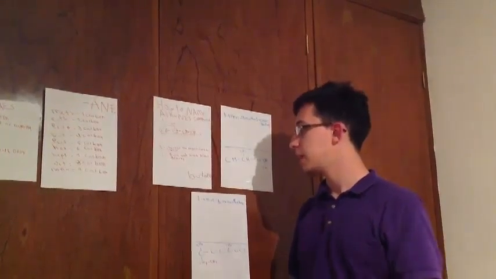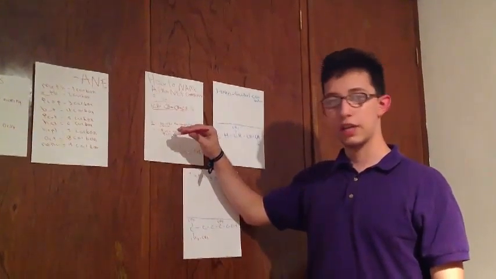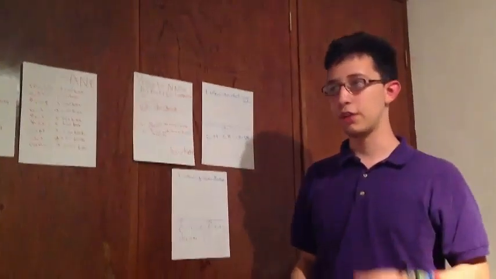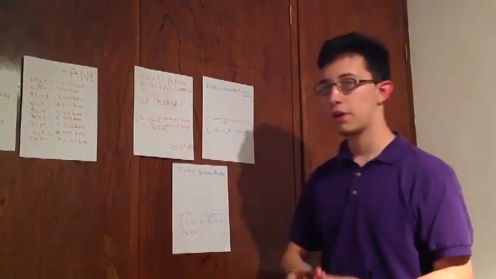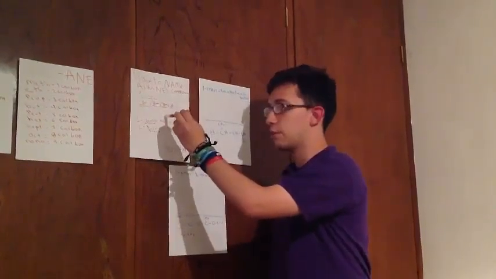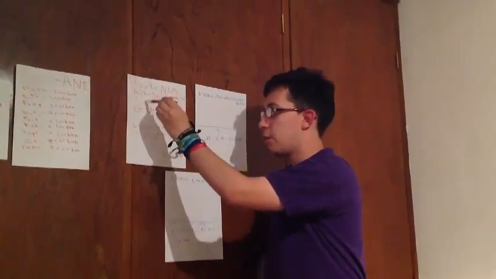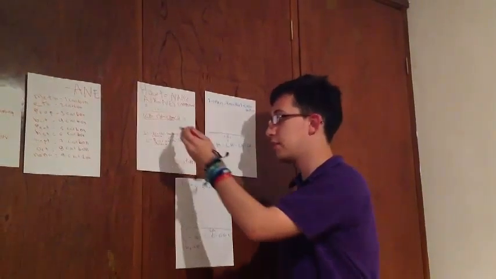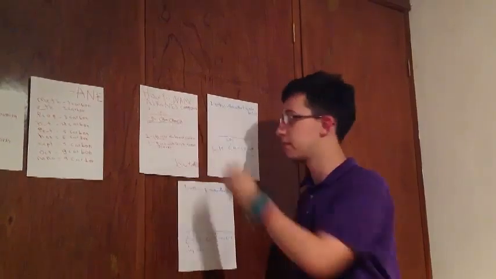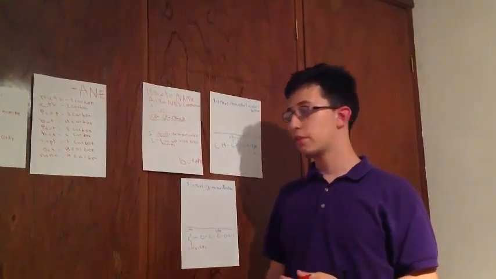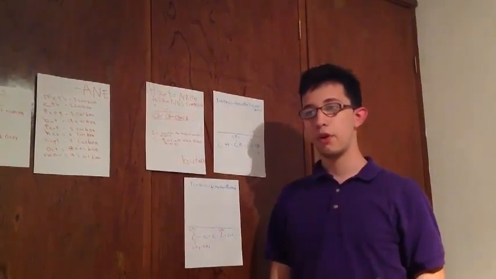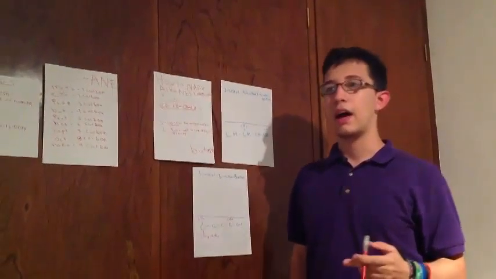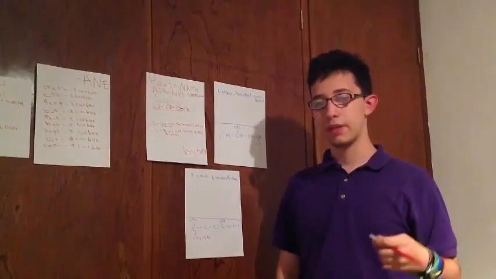Before putting butane, we need to locate the alkyl groups. The alkyl groups are methyl, ethyl, propyl, butyl, etc. So here we have 2 alkyl groups. First we have 1 methyl here on carbon number 2, and we have an ethyl on carbon number 3. Before starting to write the alkyl groups, we need to remember, always name them in alphabetical order.